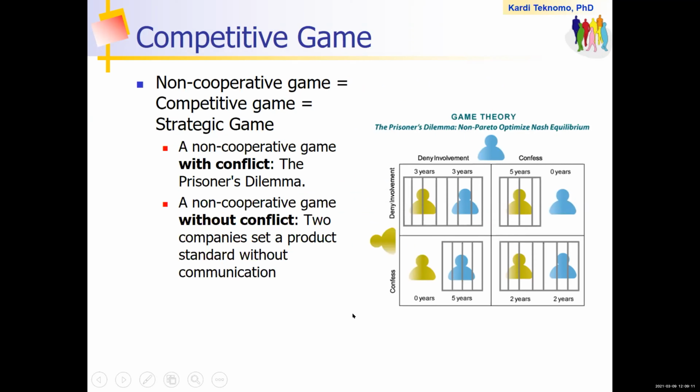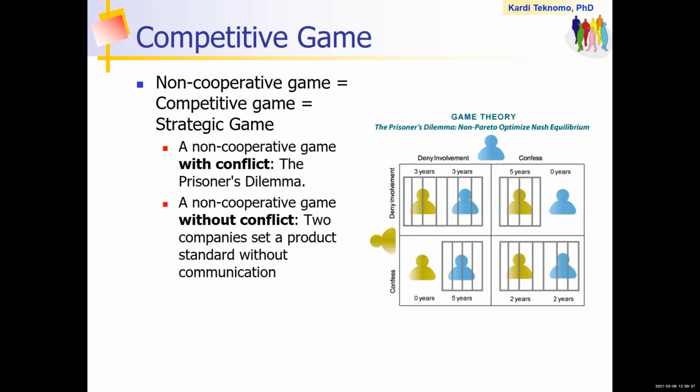Now, a competitive game is also called a strategic game. So a strategic game is basically competitive and non-cooperative. There is no binding agreement here. Again, you have two possibilities, with conflict or without conflict.